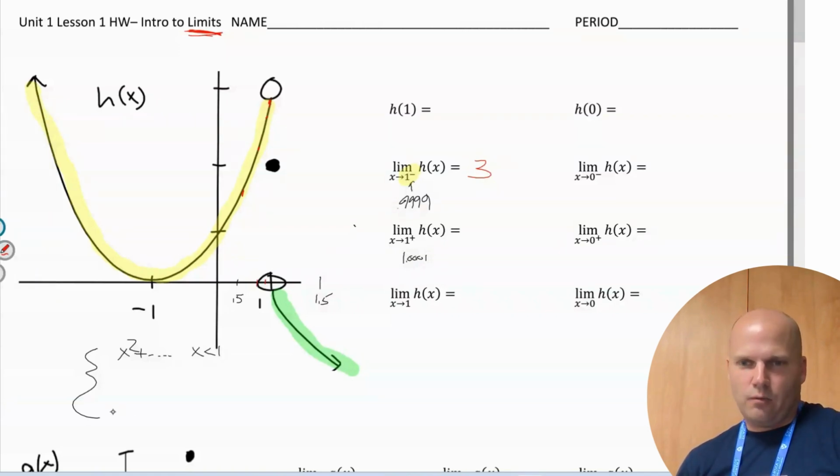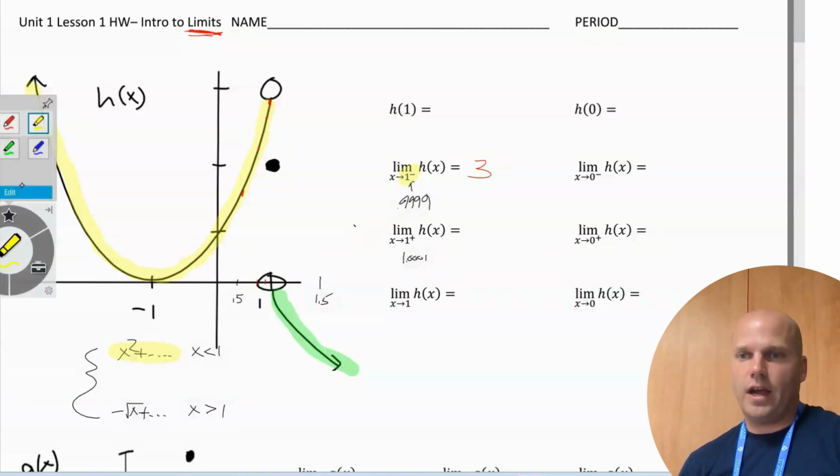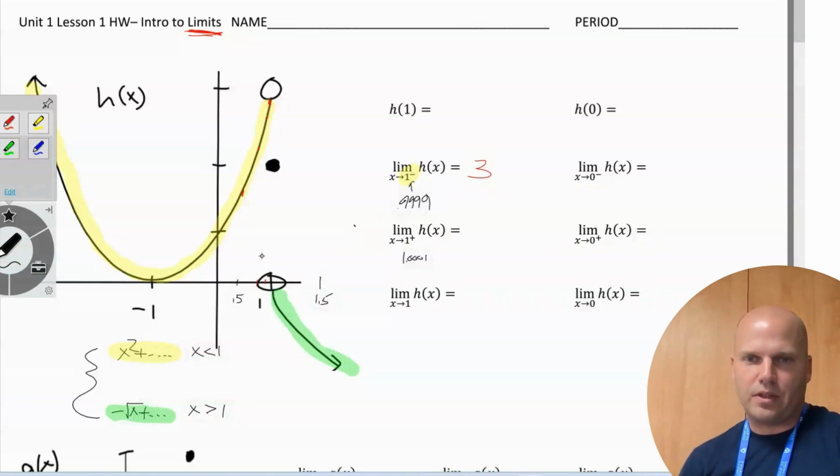Use this, I don't know, flipped square root something, something, something for x bigger than 1. And use this point for x equals 1. So to the left of 1, use this. To the right of 1, use this. So that's the idea that might help you if you're confused about this stuff.